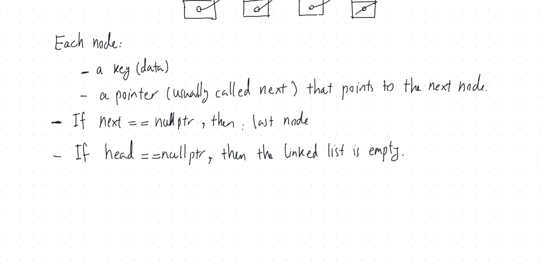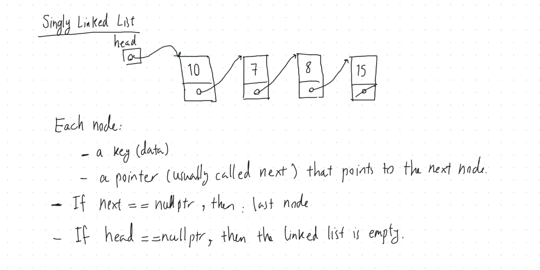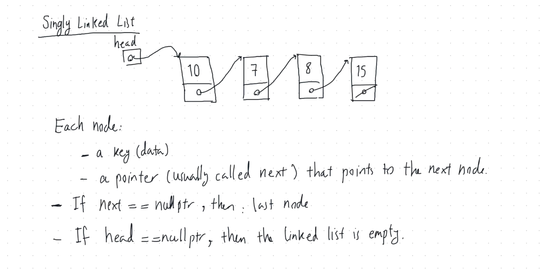Now, before talking about the member functions that manipulate a linked list, let's talk about the idea of a linked list and compare it a little bit, based on this high-level description that I gave you, with arrays. Now, one of the most important features of an array is that the elements are stored in a contiguous area of the memory.